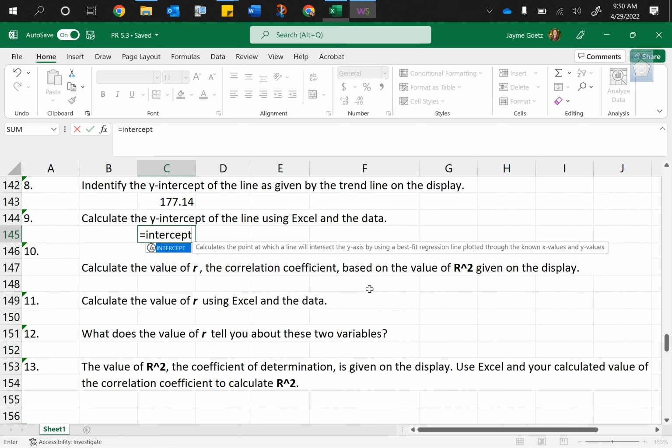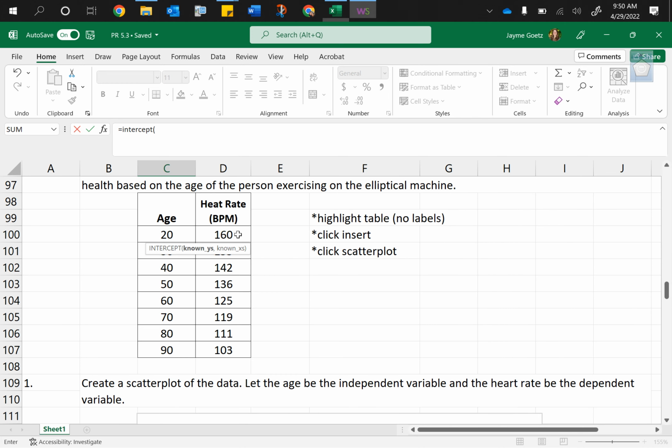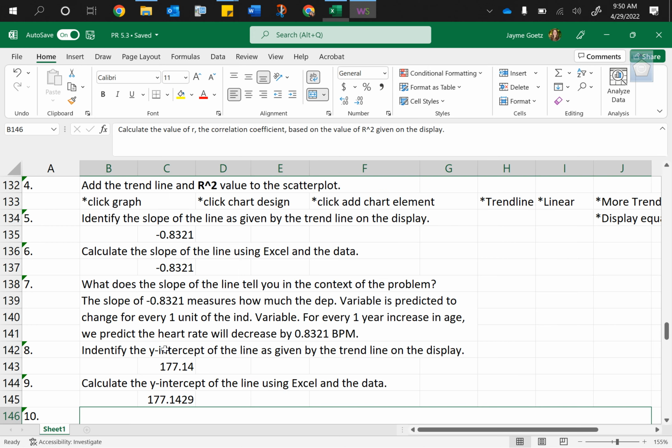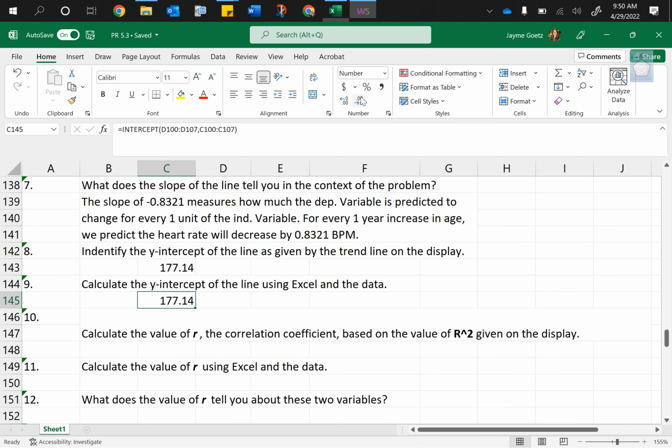So equals intercept of my y's, comma, x's. Can you take a guess what it's going to be? The exact same. Like again, they're just showing you, it doesn't matter if you use the equation or the formula, they're going to be the exact same.